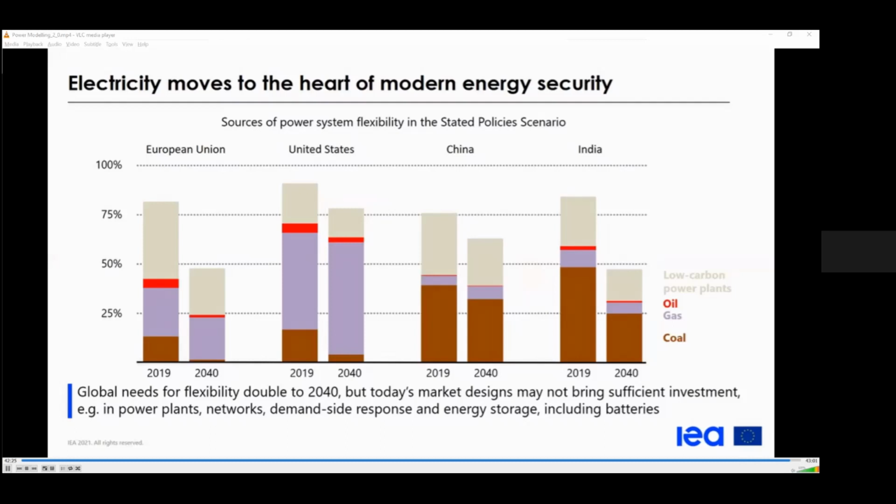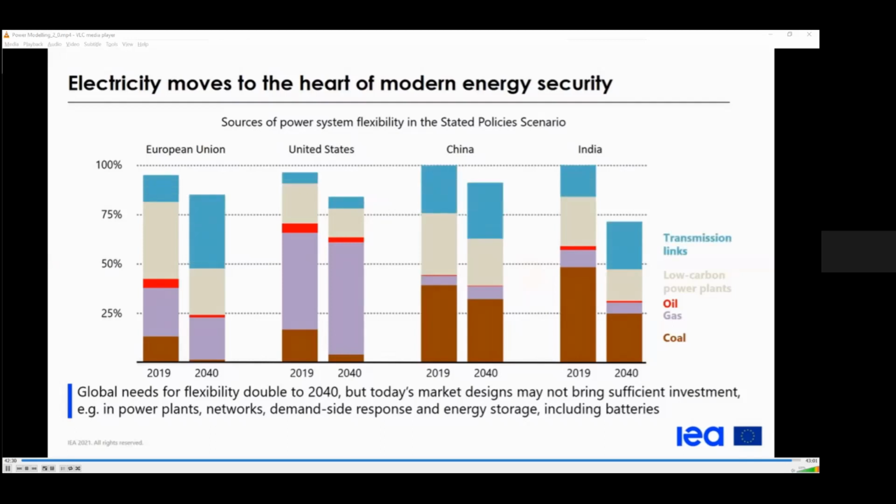Storage and demand side response will play a central role in flexibility, provided that we have the right policies and regulation to make this happen. And of course, on top of all these sources are grids. So solutions exist. They have a different range of impact, and the optimal mix of these solutions will depend on the characteristics of each power system.